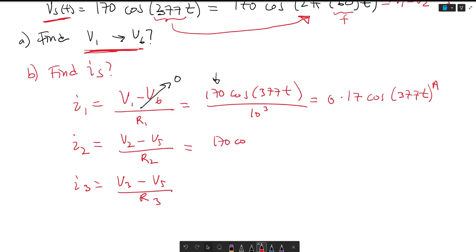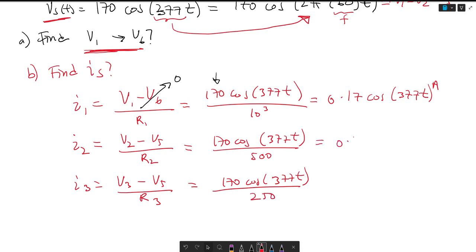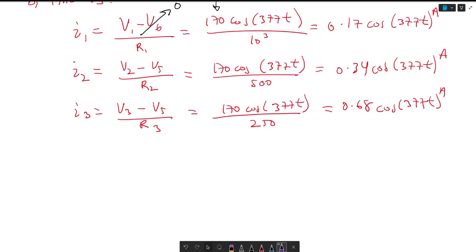This is equal to 170 cosine 377t over 500, which is equal to 0.34 cosine 377t amps, and this is equal to 0.68 cosine 377t amps.